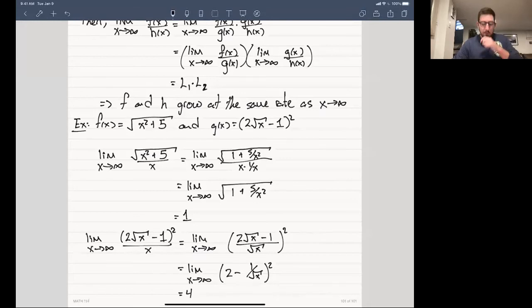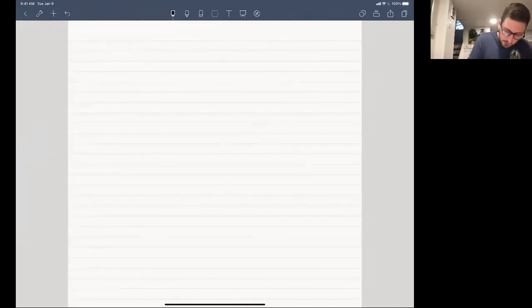Okay, now if you've taken any computer classes, maybe you've seen a notation used for these growth rates. That's what's referred to as big O and little o notation. So let me give you the definition here, and then we can talk about it a little bit.